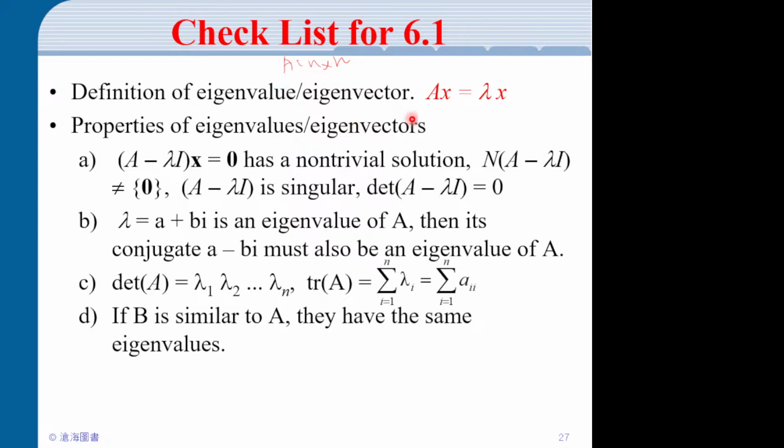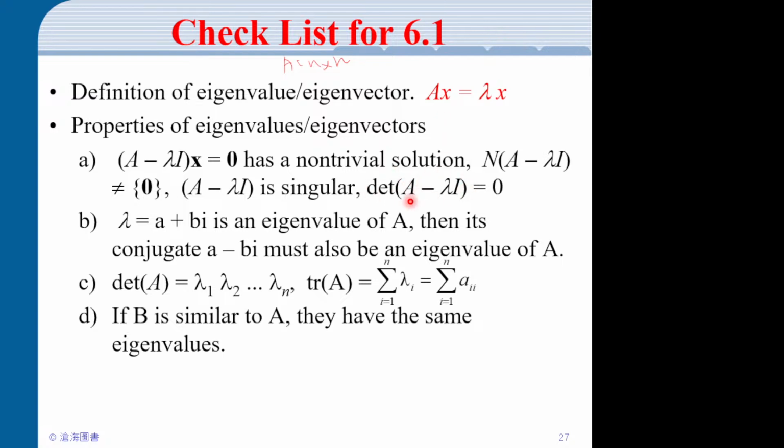There are a whole bunch of things we can say about this A minus lambda I matrix. It has a non-trivial solution, which means its null space is non-zero, which means it's a singular matrix, and its determinant is 0.